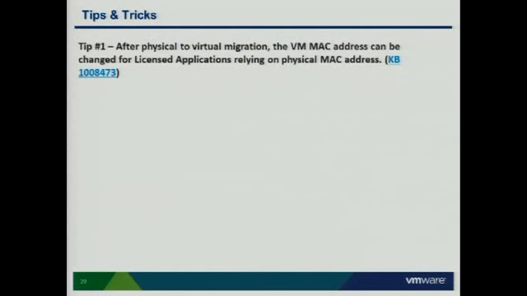You can do that, but you don't want to bring that physical MAC address back online in another machine because then we'll have a conflict. But you can do that on the fly while you're trying to figure out how to get that application relicensed for the new MAC address.